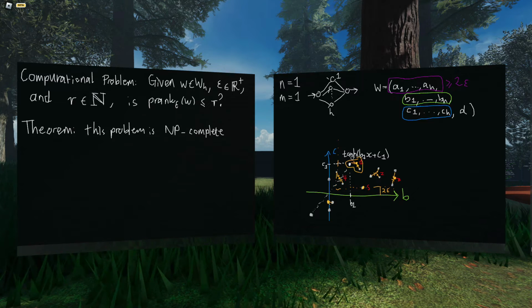The constraint I talked about before is that these are all greater than or equal to 2 epsilon. If we work with these parameters, then you're only ever doing positive merging because all of your weights are positive. And when you do positive merging, you're adding together the outgoing weights. You never do a_i minus a_j because you only get to use that combination if you had something negative and something positive merging together.